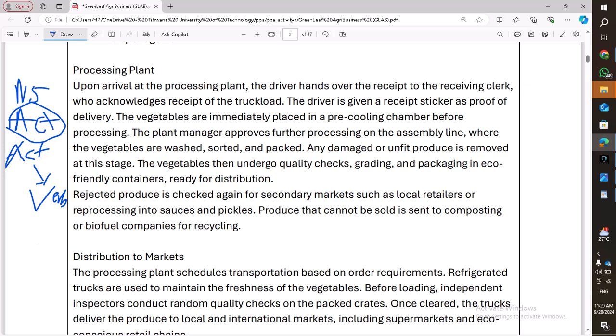Always make sure that your verbs are a short description.